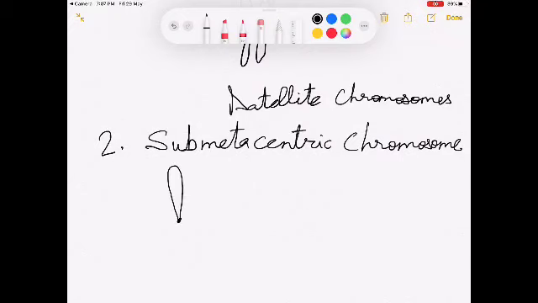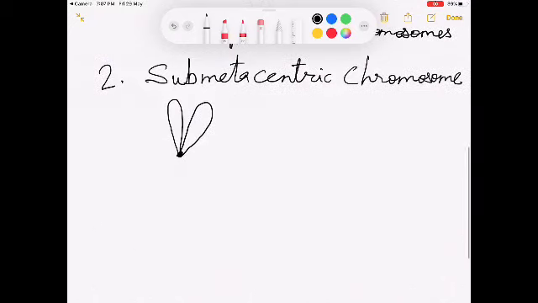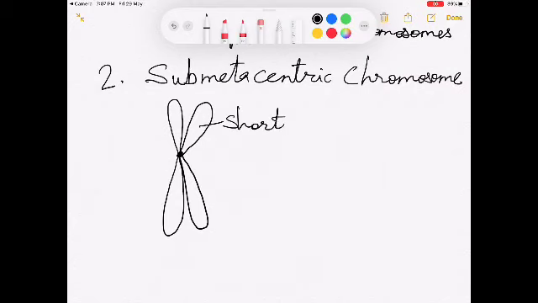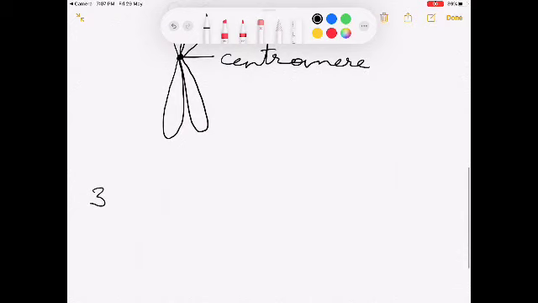One arm is this much, so we can say it is not in the center, and one is a little bit larger. Above the center is called a submetacentric chromosome. So this is the short arm, and this is the centromere above the center. Okay, so submetacentric.